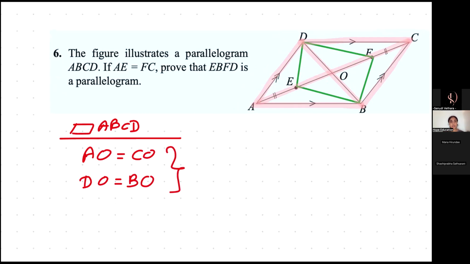For both of these, reason is diagonals bisect each other in a parallelogram.